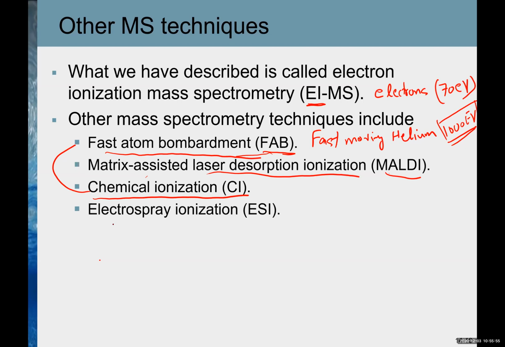The other milder technique is electrospray ionization. In this one, instead of fast-moving electron bombardment, we just gently spray the electrons, and this is also a gentle technique, electrospray. These gentle techniques are used for biomolecules such as proteins and nucleotides, because we want to keep the structure preserved to get more information.